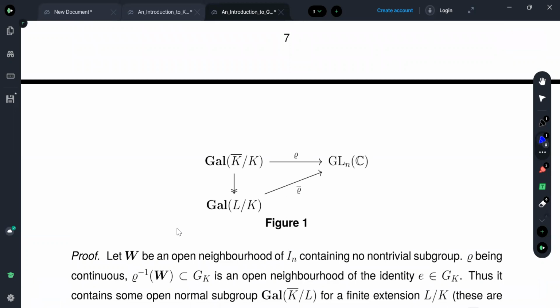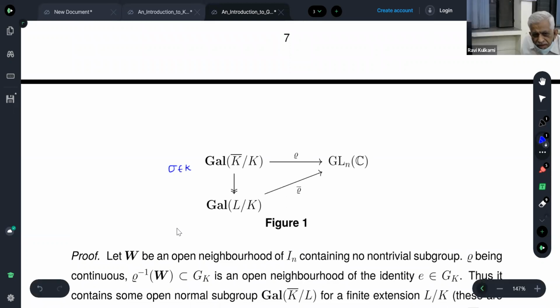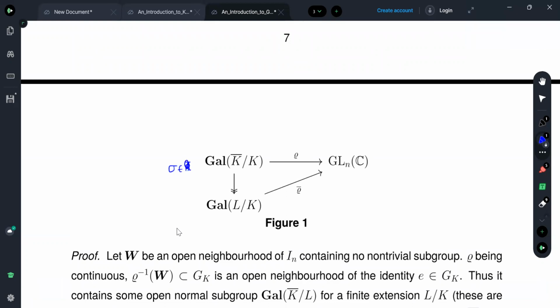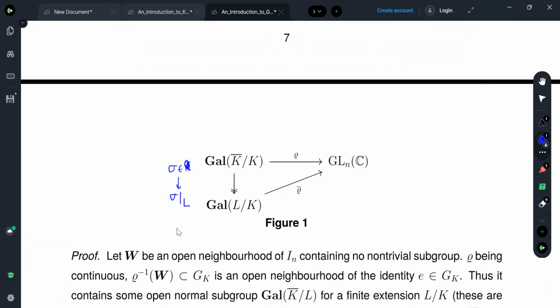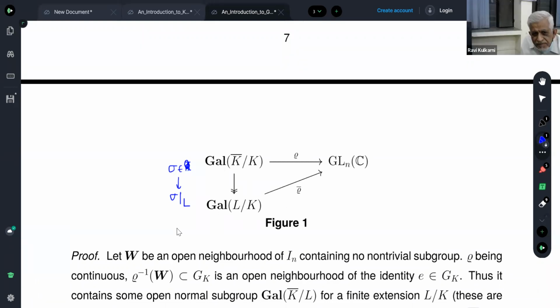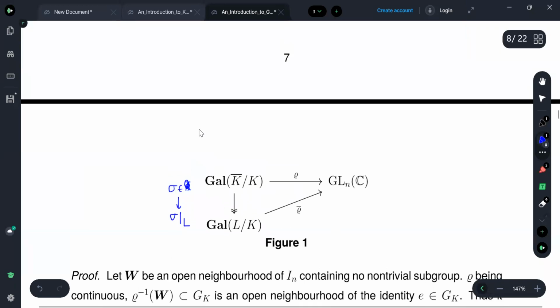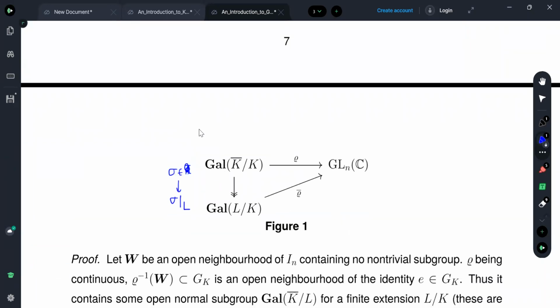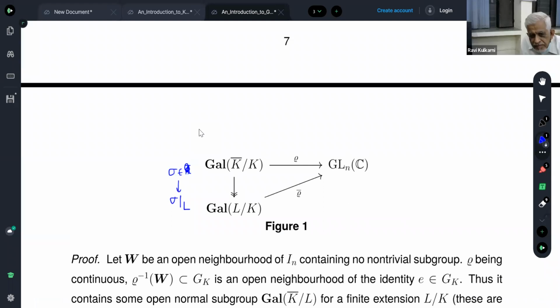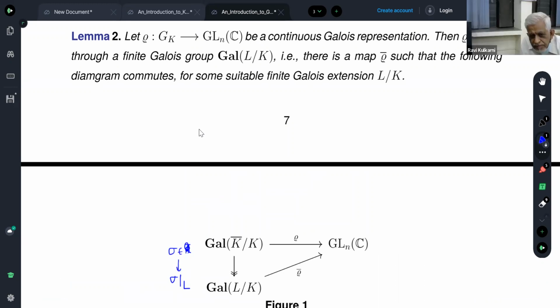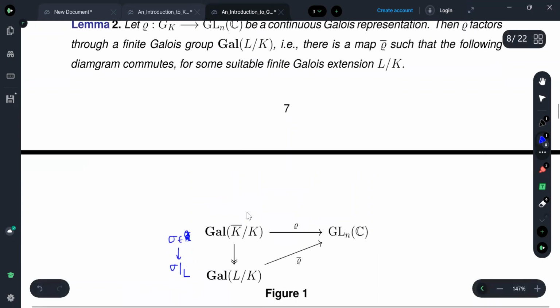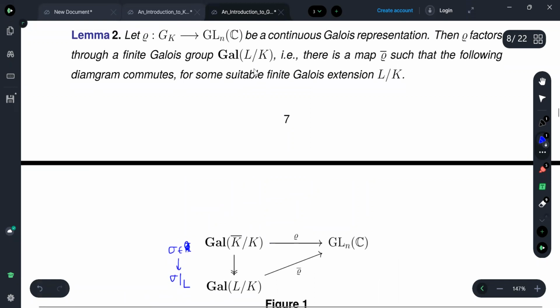The map is simple: you take any element sigma inside the absolute Galois group of K and restrict it to the field L, then it will be an element of Galois L over K, and this diagram will commute. That's what I mean by factoring through a finite extension. Is the statement clear? Yes. Once it factors through a finite extension, this representation will be easier to study, so there is no interest in such complex representations.